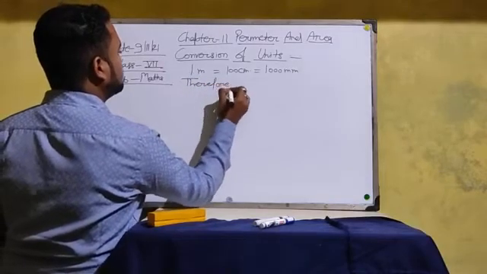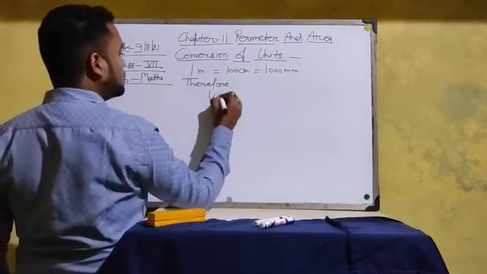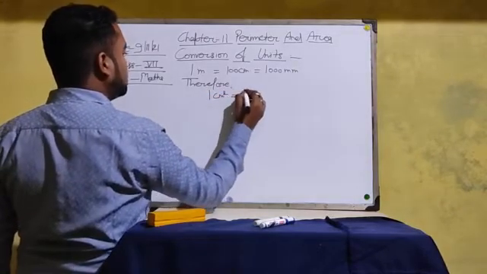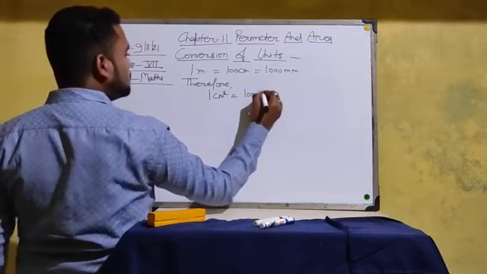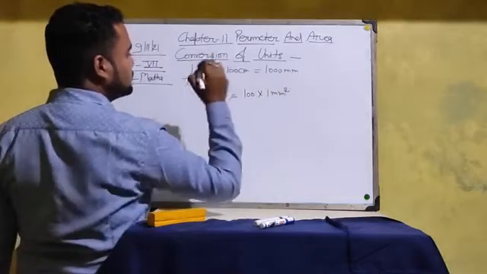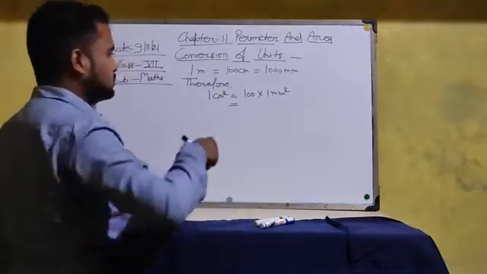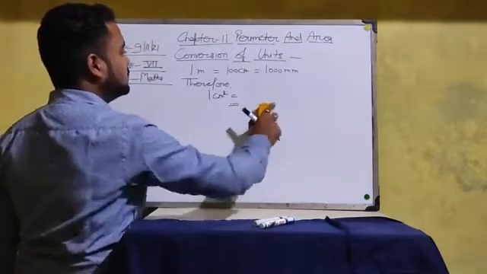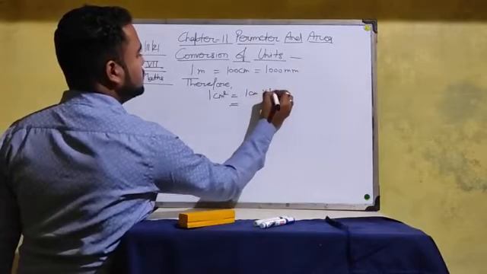Therefore 1 centimeter square is equal to 100 millimeter square, as 1 centimeter square can be written as 1 centimeter into 1 centimeter.